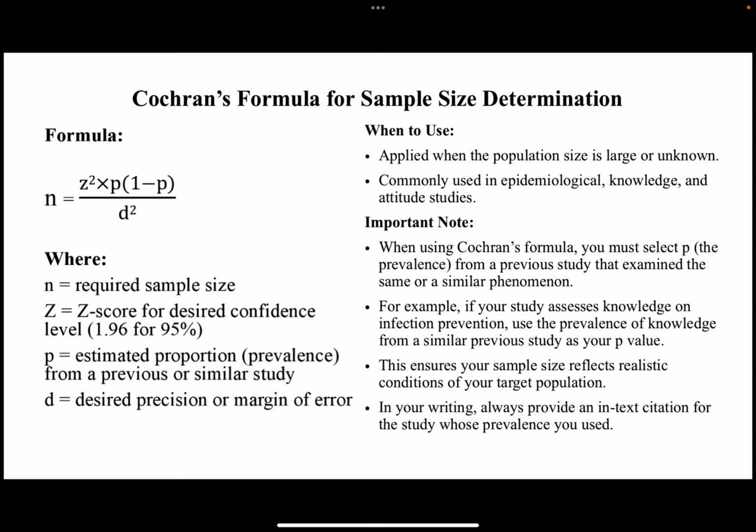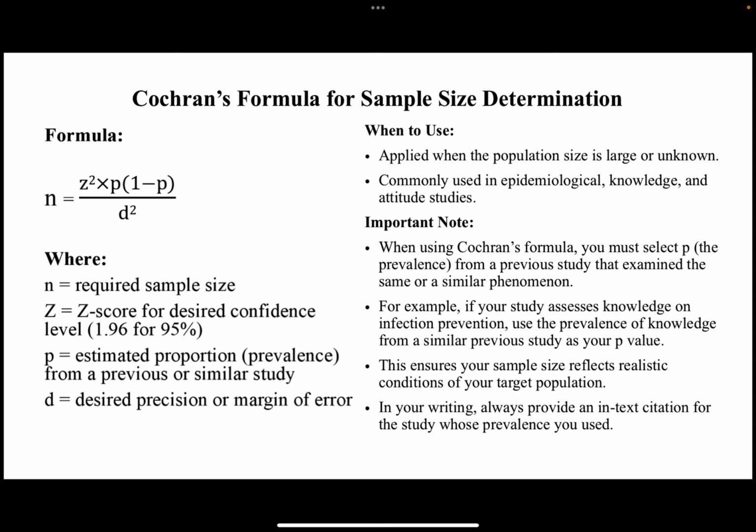Okay, so let's look at an example. For example, let's say in your study you want to measure something like the knowledge of nurses on infection prevention. Is that okay? That is something you want to measure in your study.